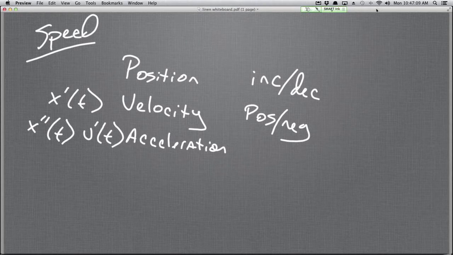If I'm pressing on the gas pedal, which means acceleration is positive, what does that tell me about my velocity? Yeah, my velocity is increasing. So a positive acceleration results in an increasing velocity. Make sure you have that written down. Positive acceleration means velocity is increasing.